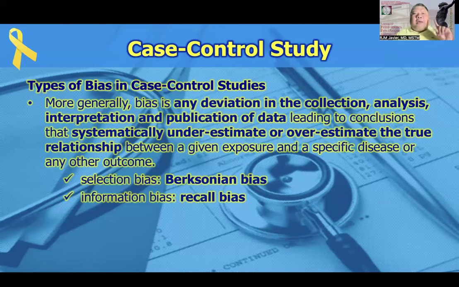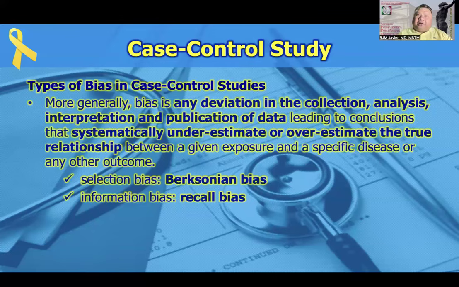Your cases must truly be representative of the cases in general, while your controls must be representative of the controls in general. Because they come from two different populations, this is where Berksonian fallacy or Berksonian bias may be introduced. For academic purposes, I want the freshmen to do further reading on Berksonian bias.